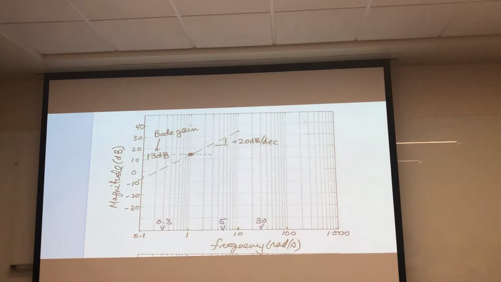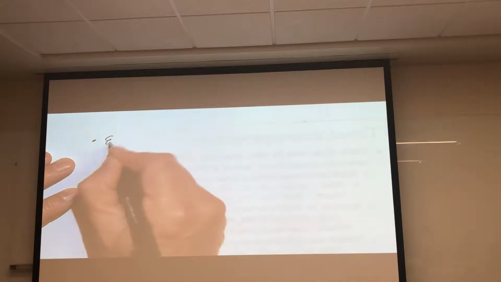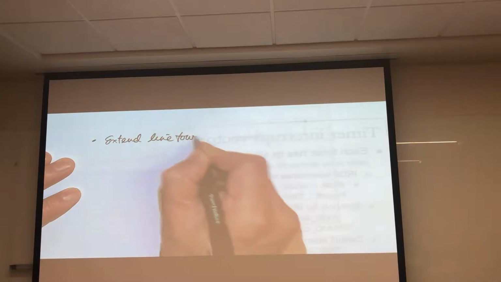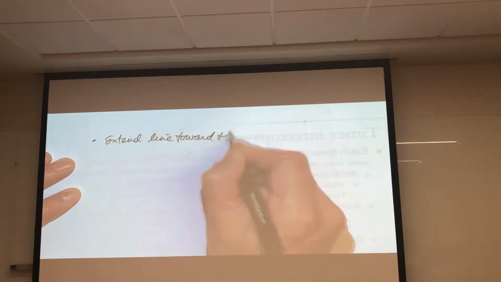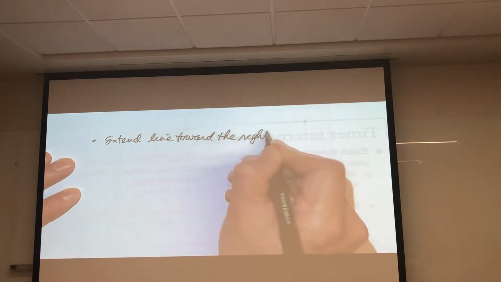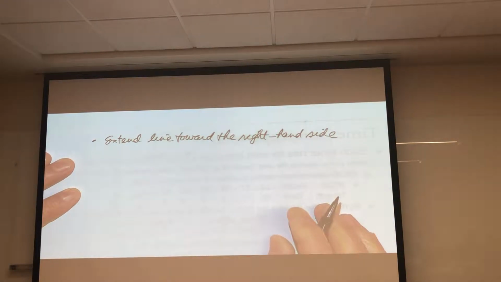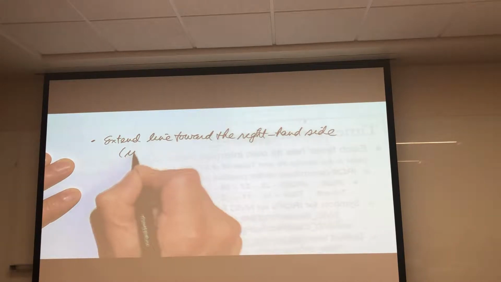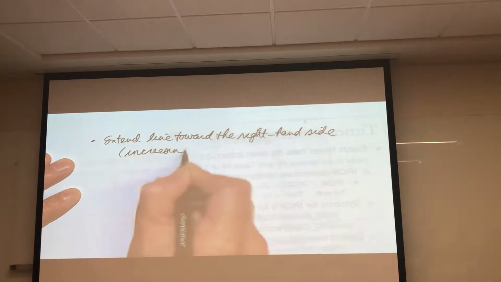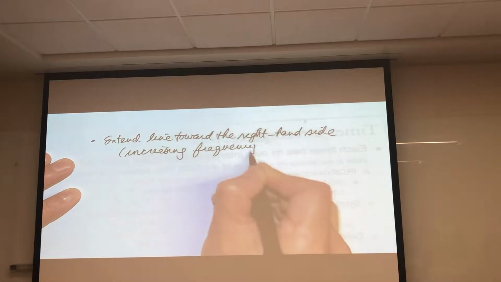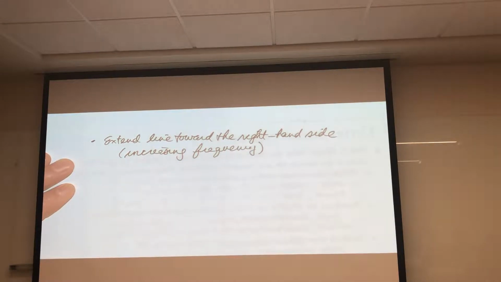All right. Next instruction is to extend the line toward the right-hand side. In other words, we are increasing frequency, we're increasing the frequency omega.